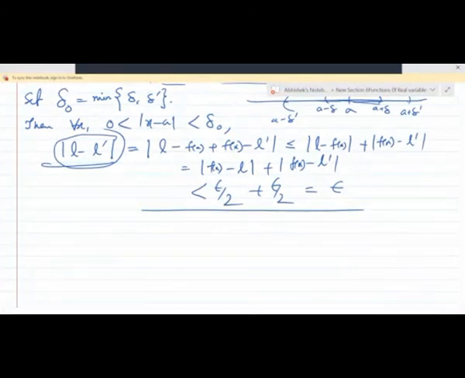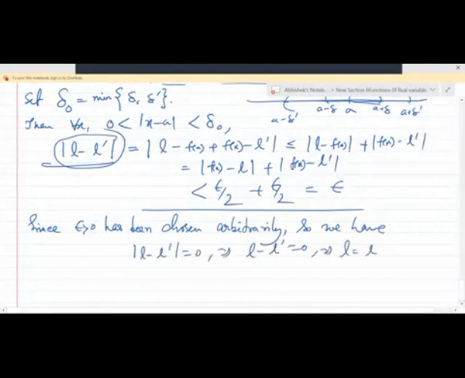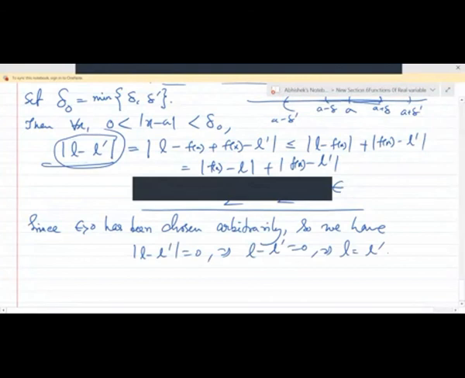So the only possibility is that this real number is 0, right? So since epsilon greater than 0 has been chosen arbitrarily, we have mod of L minus L dash must be 0. That means L minus L dash equals 0. That is L equals L dash, right? So this proves that whenever the limit of a function f at a point a exists, then that limit is unique.